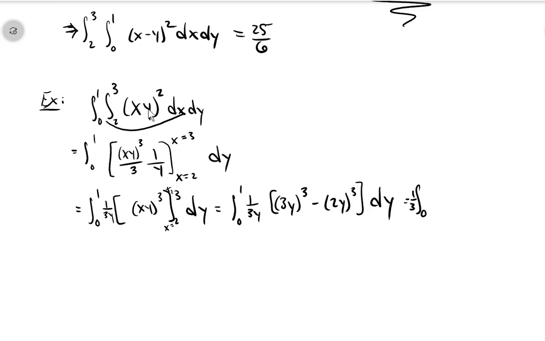We bring the 1/3 out and distribute the y. Oops, forgot my 1 here. And notice I can factor out a y squared, leaving 3 squared minus 2 squared, 27 minus 8, which is 19 dy.